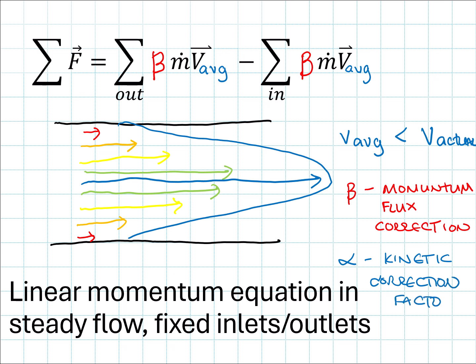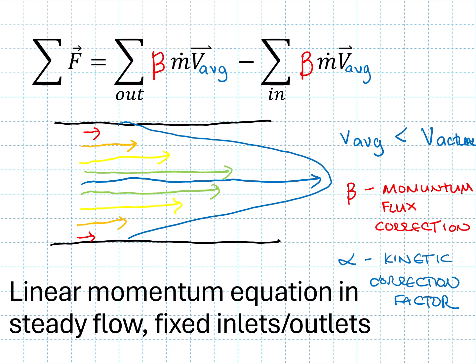And we applied alpha to correct for the same problem, the non-uniformity in our velocity profiles and the systematic underestimation of kinetic head. So both beta and alpha are going to have a value of 1 when the velocity profile is uniform, but the similarity ends there. They are mathematically different, they're calculated in different ways, and they have different values.